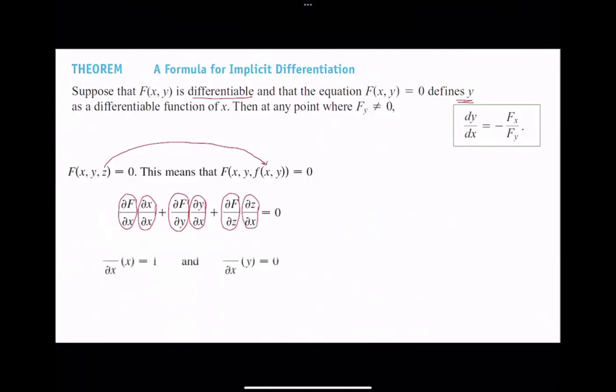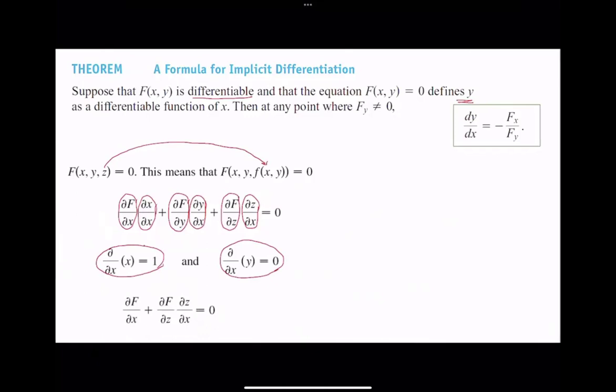But note that the partial derivative of x with respect to x is always 1, and the partial derivative of y with respect to x is equal to 0. So it helps us to simplify this as much as we can.